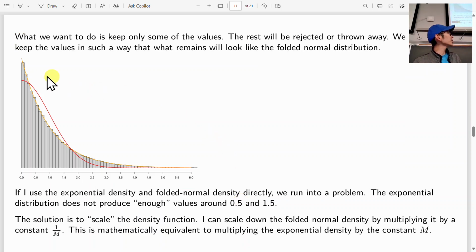But the issue is that these are not the values that we want to keep, okay? The values that we want should follow this red line.